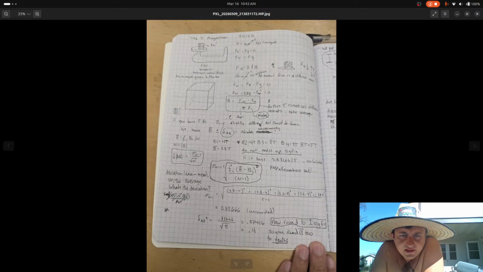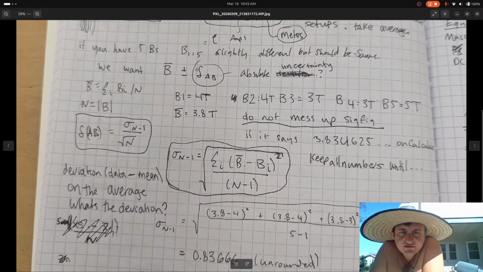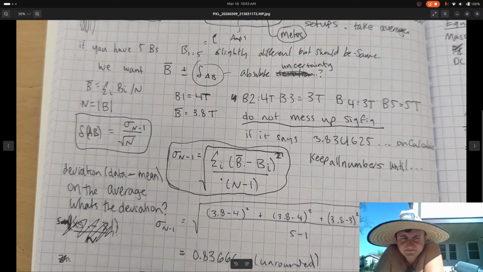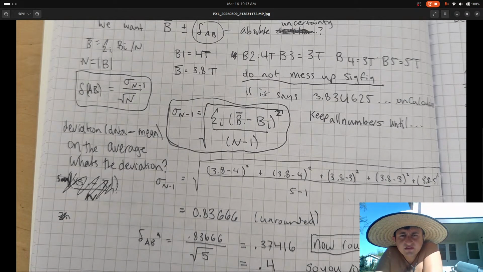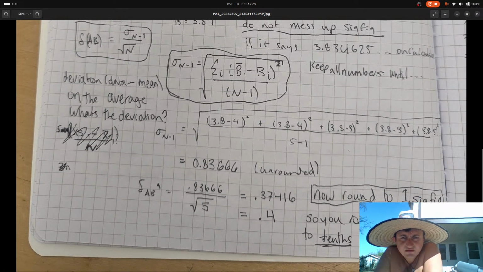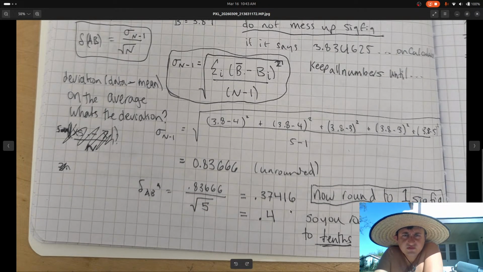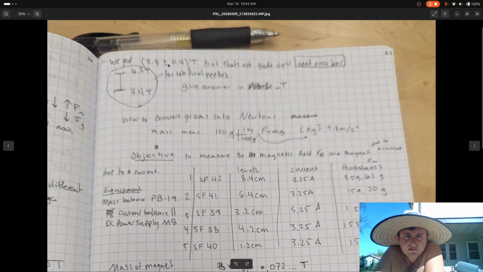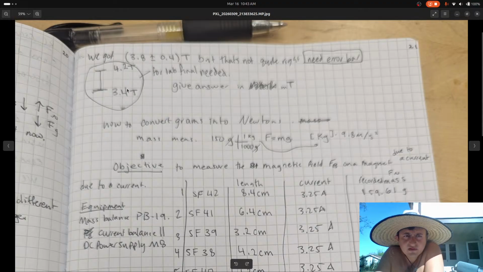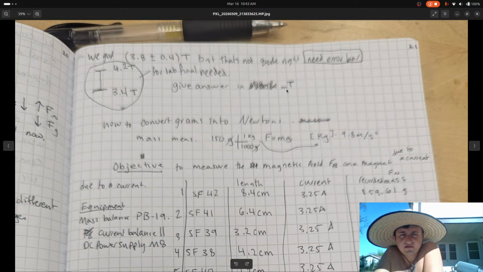And then you round b. So if we're given a bunch of b's, we calculate the mean b, right? This is the standard deviation. So where did I write the final b? Okay, so then you need to do it like this. For lab final needed, give answer in millitesla.